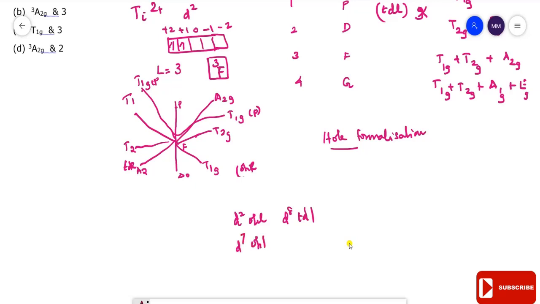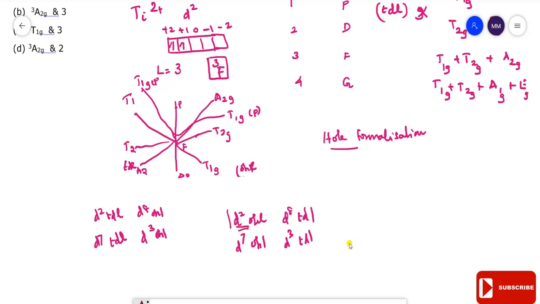So d3, d7 octahedral, d3 tetrahedral have a similar electronic arrangement on the right side of the Orgel diagram. Just to reverse that: d2 tetrahedral, d8 octahedral, d7 tetrahedral, d3 octahedral. Now you have the F term, the configuration is d2. So you have to take the right-hand side or the left-hand side of the diagram. d2 comes in the right-hand side.